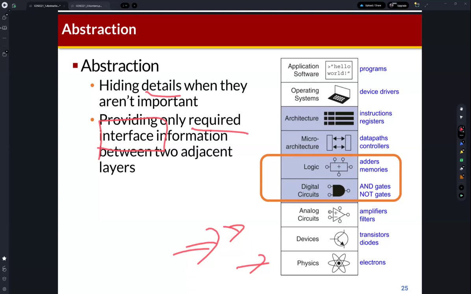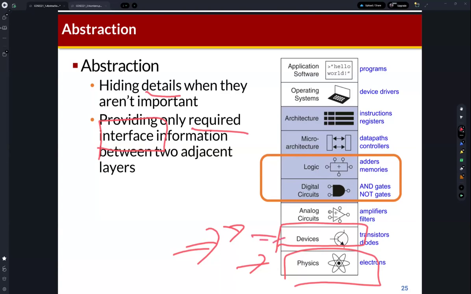And then another level is the device level. Based on some basic knowledge of electric physics, we can build very simple devices. As I mentioned, we recently used the semiconductor technology. So using this electric physics knowledge, we can build semiconductor devices like MOS transistors. So CMOS transistors, NMOS or PMOS transistors.